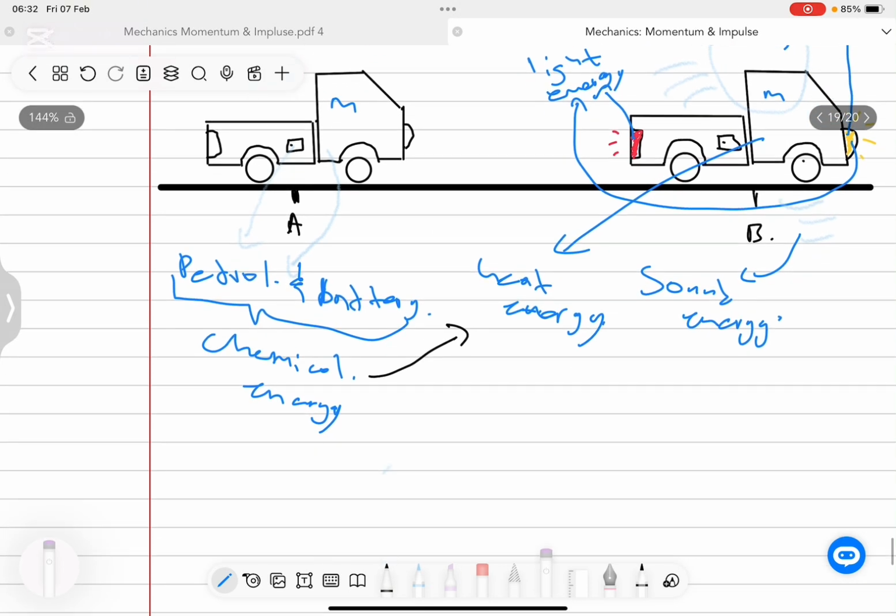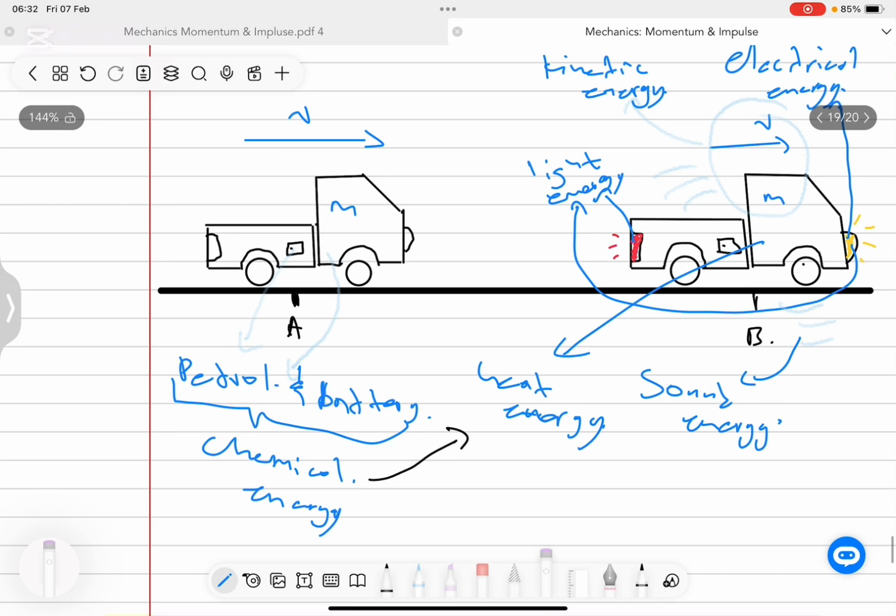That's why eventually when you look at the tank and you look at the battery, they will actually be used up. You'll find that we had a full tank when we started here, but now we have half empty of the tank, or the tank is empty. It will be depleted at some point. The battery as well will be depleted as time goes on, because that energy is being converted or transferred to other forms of energy to then make the car be in motion and operate.